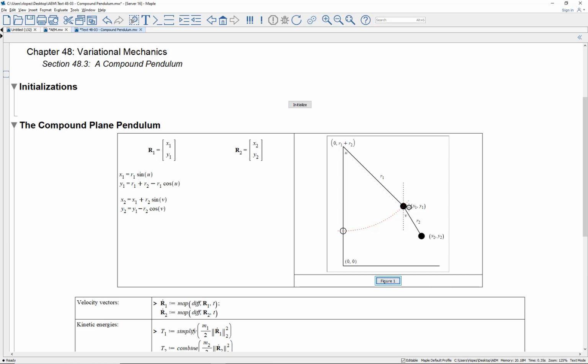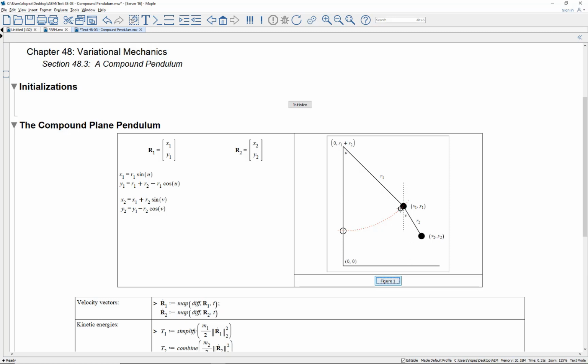So this one has coordinates x1, y1. Using the angle u here and the angle v here, we get that x1 is r1 sine u, and y1 is the full distance, r1 plus r2, less this amount, which is r1 cos u.